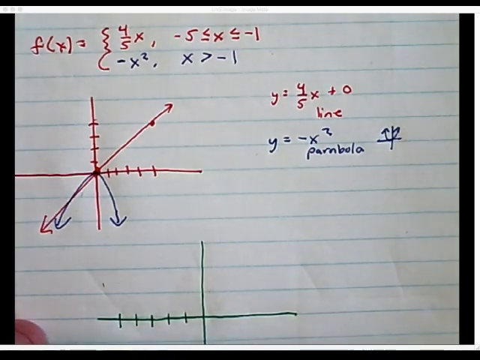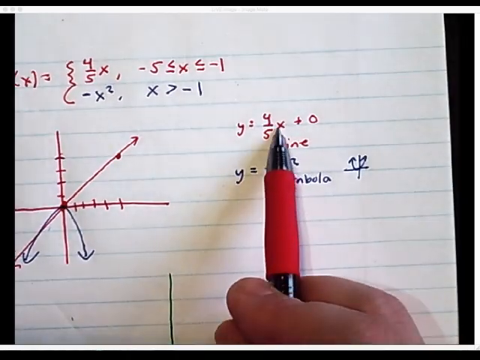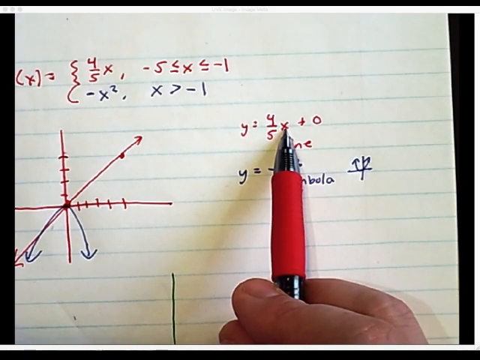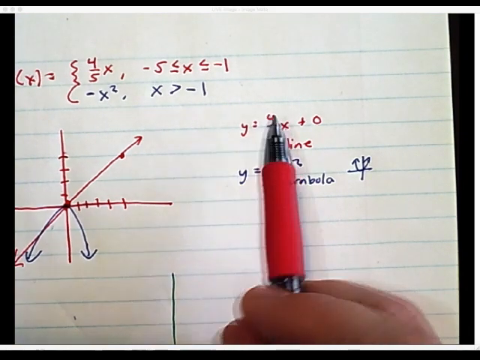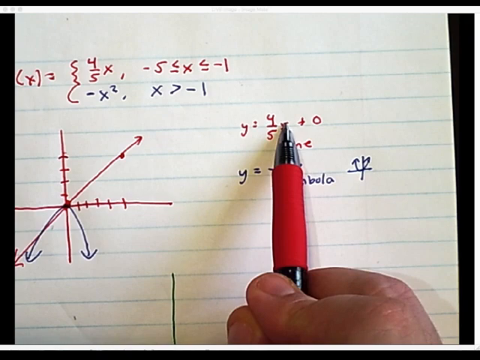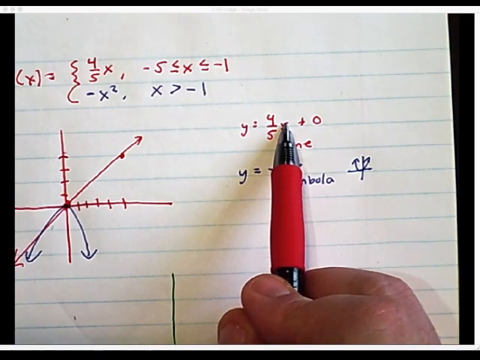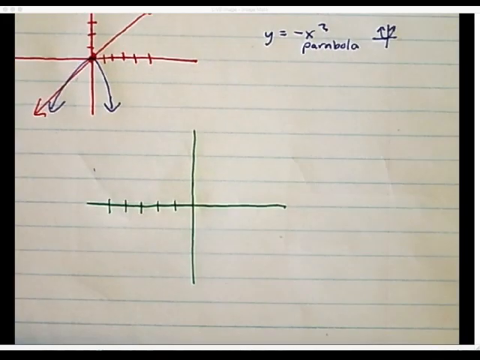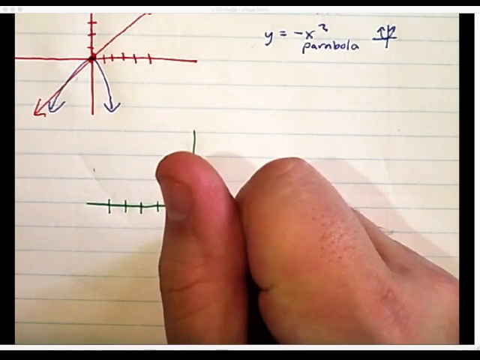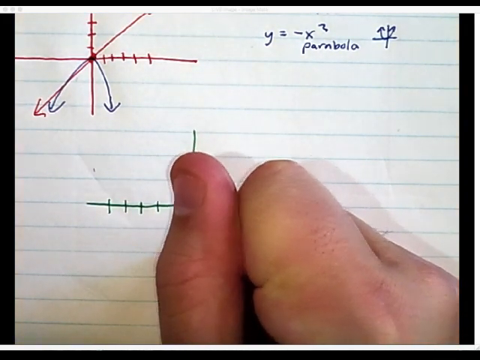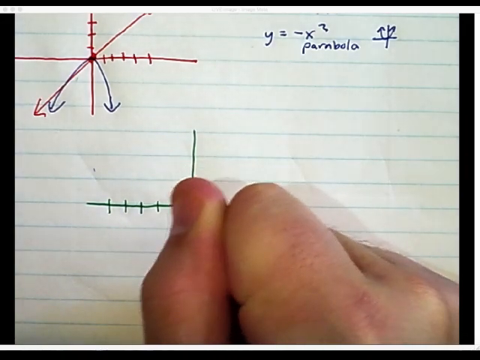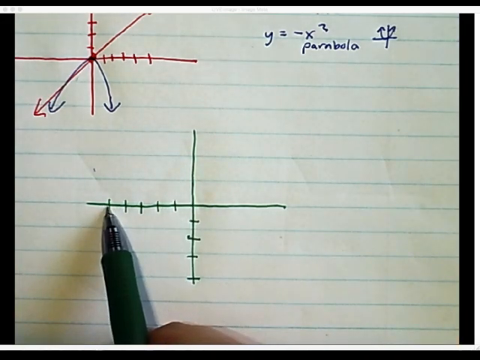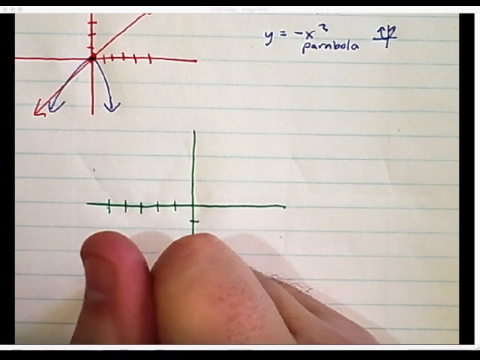So what would happen if I plug -5 in right there? 4 times -5 would be -20, and -20 divided by 5 would be -4. So when x is -5, the y value is -4.